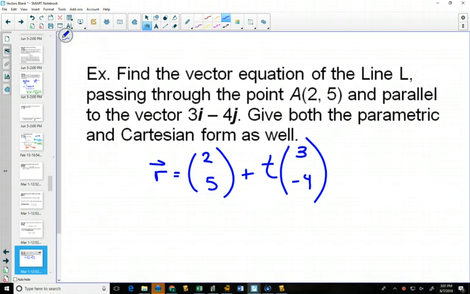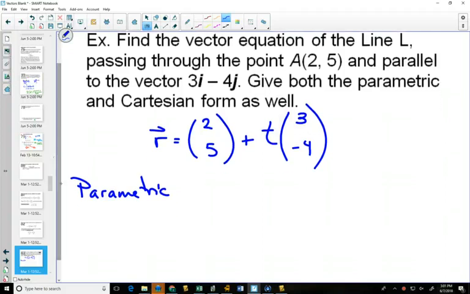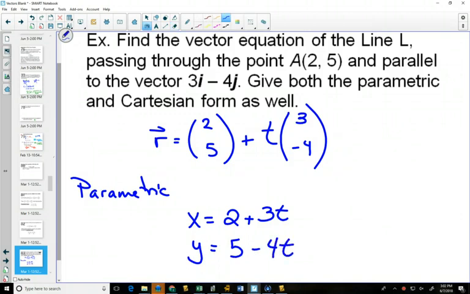You can just start anywhere. The parametric equations, that's when you look at specific components. Your component for x will be 2 plus 3t. Your component for y would be 5 minus 4t.